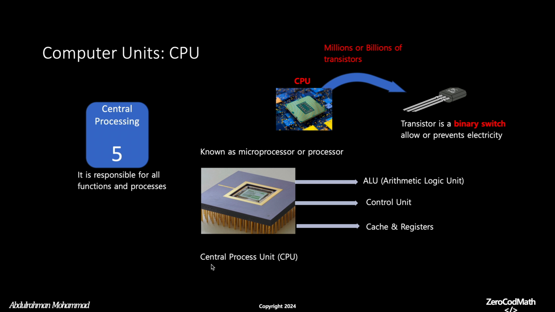It is an abbreviation for Central Process Unit. A CPU consists of transistors. A transistor is a binary switch, allow or prevent electricity. A CPU is divided into three sections: arithmetic logic unit, control unit, cache and registers.